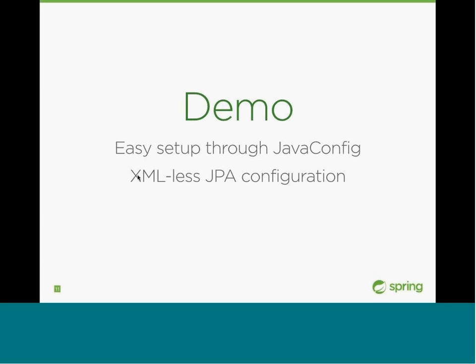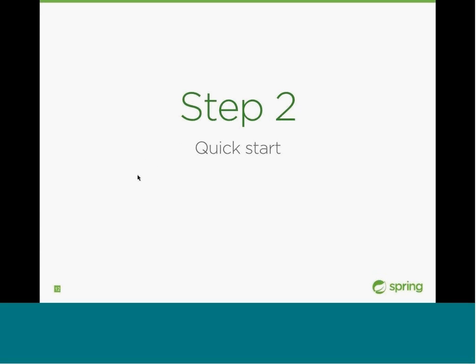There's no XML files involved. There's no persistence XML file involved because Boot automatically activates the component scanning for JPA entities, and that's effectively it. So zero effort bootstrapping of application context and infrastructure default.